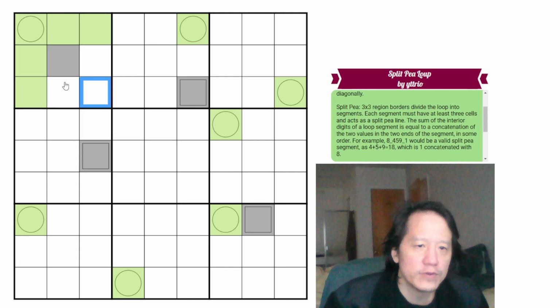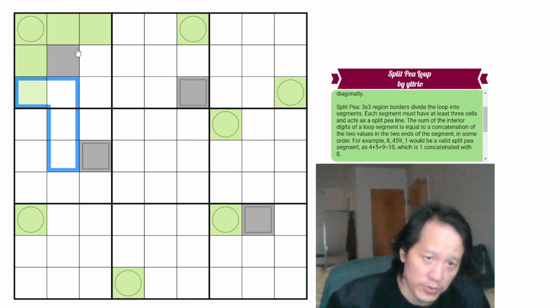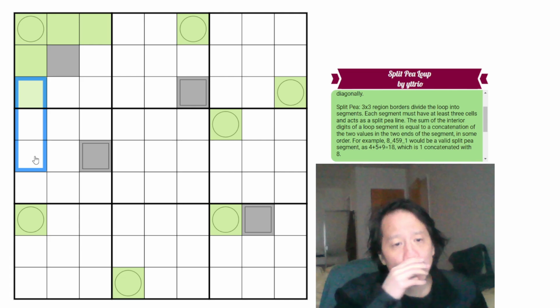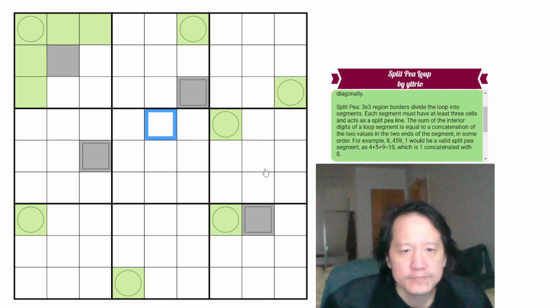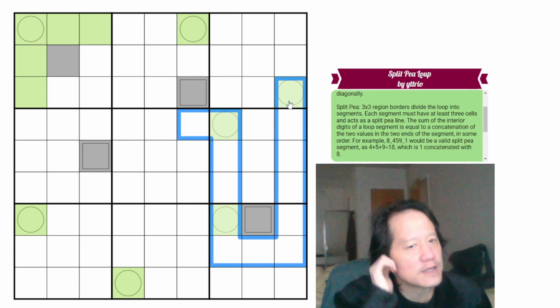This can never be, well, I guess it could actually. This one actually could potentially be on the loop. These two obviously can be, because it could go like this and that, or this and that. This one could go something like this, I guess.